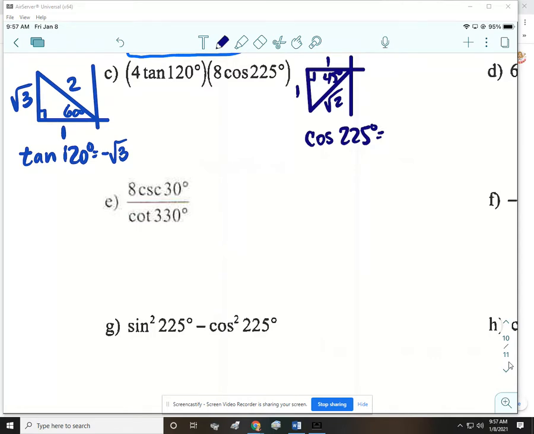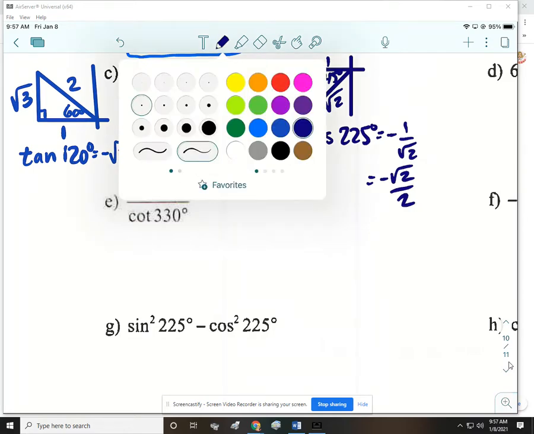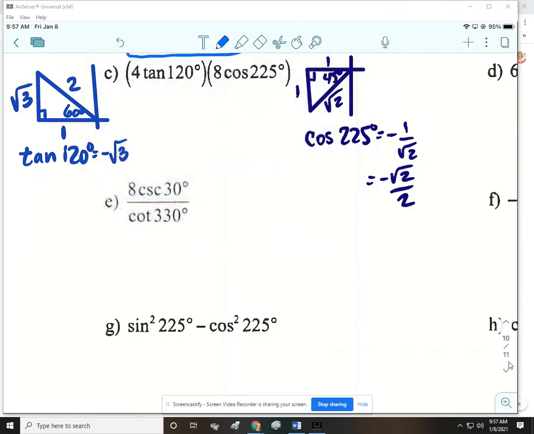Cosine is negative in quadrant 3. And I will do the adjacent over the hypotenuse, which I know reduces to the square root of 2 over 2. And then I'll just plug in.